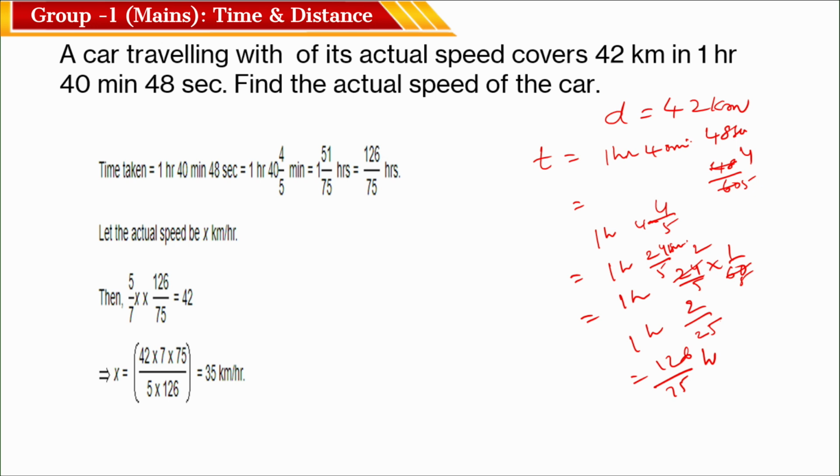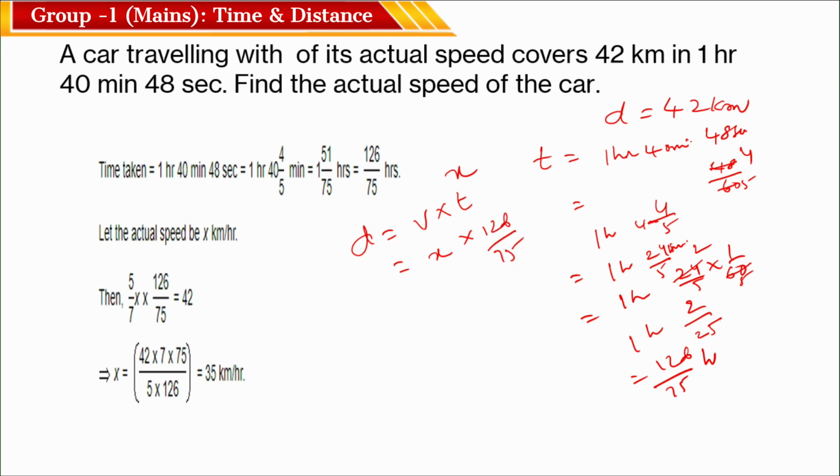Okay. Now we don't know the actual speed, say the actual speed is x. Actual speed is x, correct? Okay. So now we can say the distance d is equal to v into t. What is the speed we don't know, say it is x, and time is how much? 126 by 75, correct?